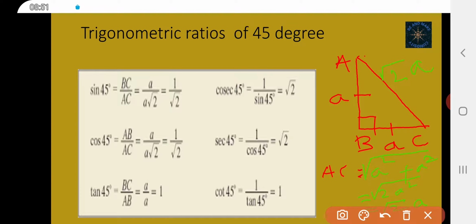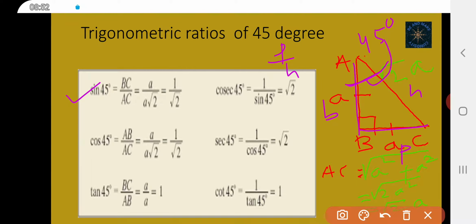Now you find, you take angle A, this angle is 45 degree. Okay, so sine 45 degree, you know sine is P by H. For this angle P is your what? BC. This is P, AB is base and hypotenuse root 2A.